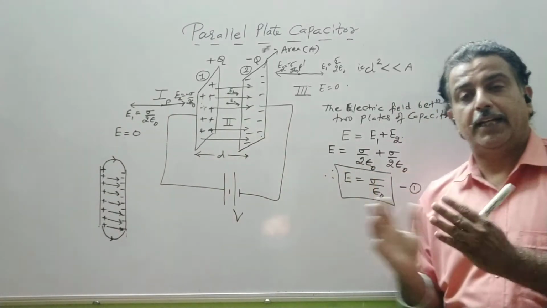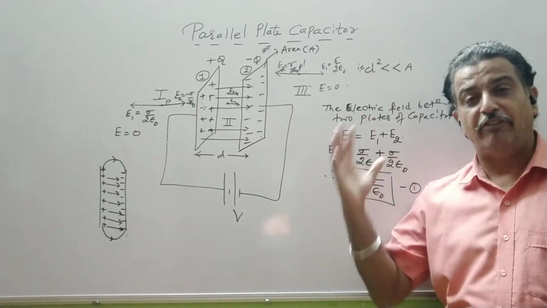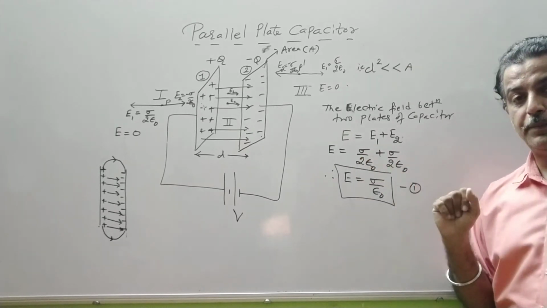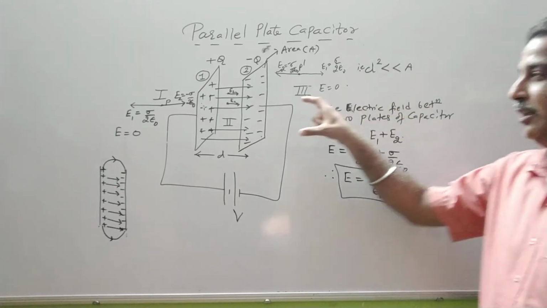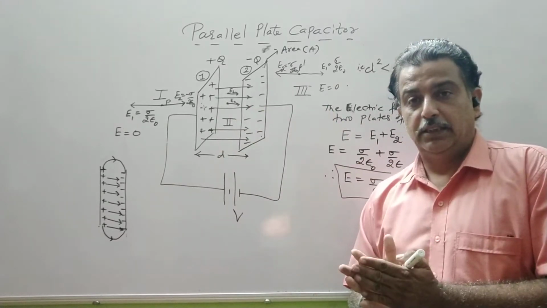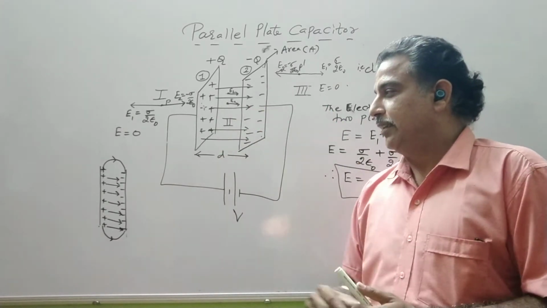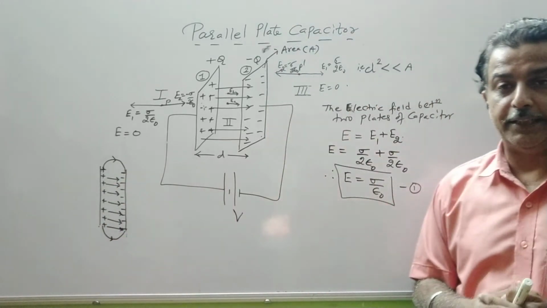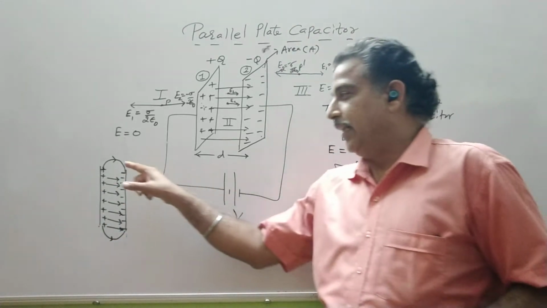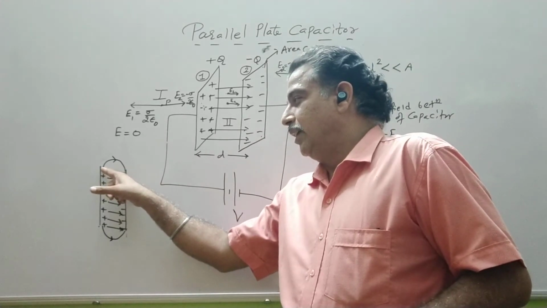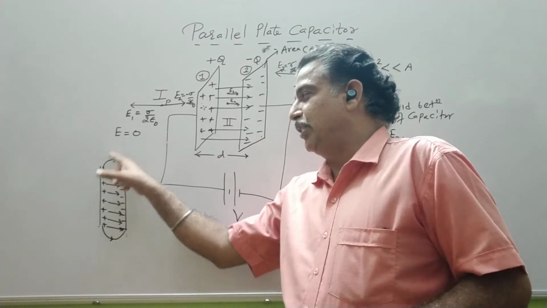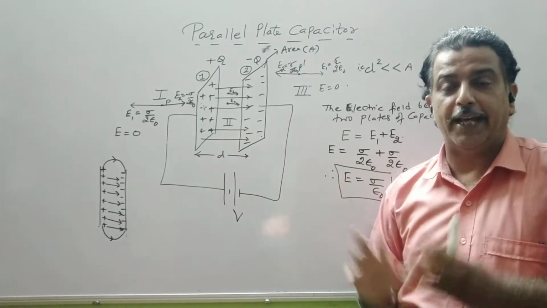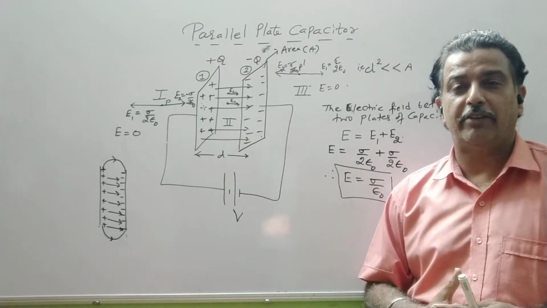When we take the plane sheet as infinite, the electric field intensity formula was uniform. But when we take the plane sheet finite, there is a non-uniform electric field at the edges of the plate. The electric field lines emerge from a positive charge and terminate at the negative charge, forming a curve at the edges. That is a non-uniform electric field.